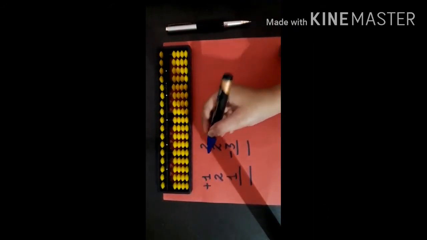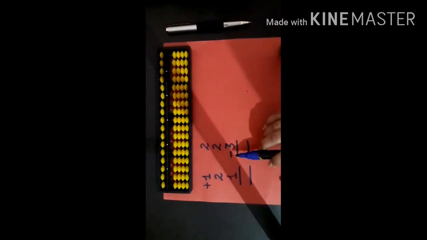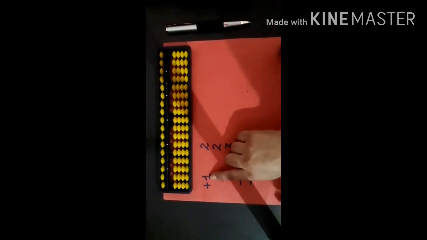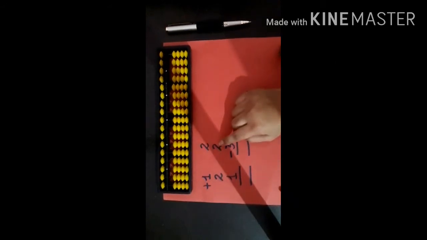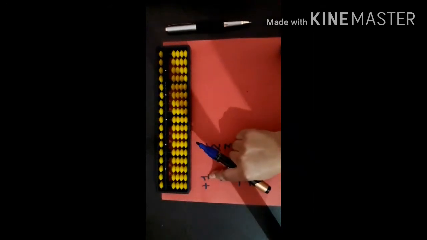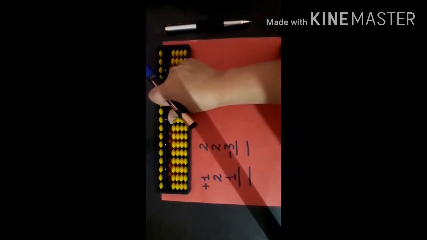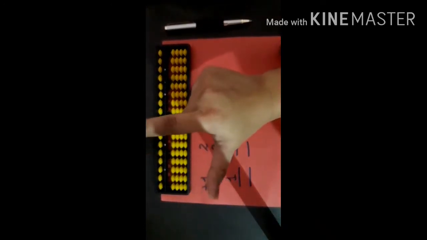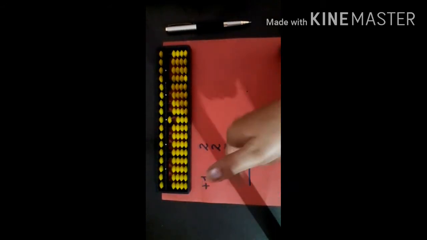This means that if no sign is there, you have to add, and if minus is there, then you have to subtract. So let's start. First of all, we have to add 1. Now you have to start from which rod? You have to start from the middle. See, 1. So 1 bead up. I have told you for add you have to put the bead up, and for minus you have to put the bead down.